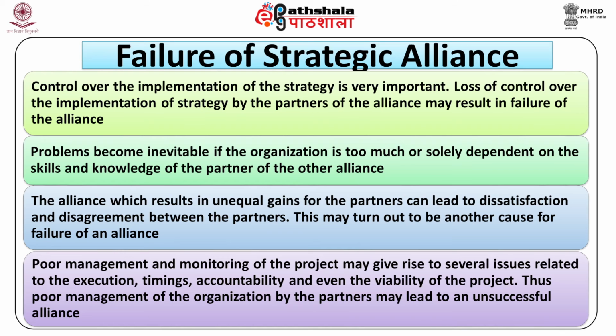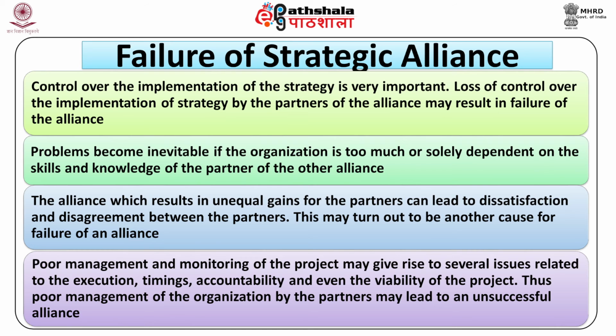Second, problems become inevitable if the organization is too much or solely dependent on the skills and knowledge of the partner of the alliance. Third, an alliance which results in unequal gains for the partners can lead to dissatisfaction and disagreement between the partners. This may turn out to be another cause for the failure of an alliance.